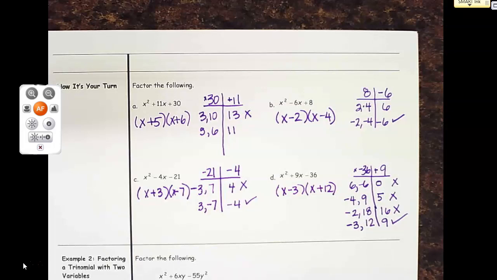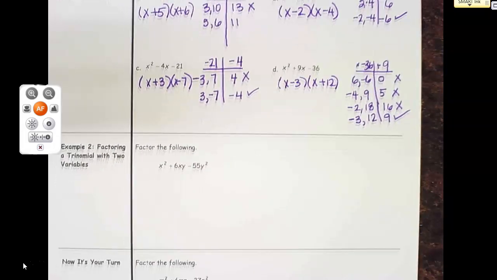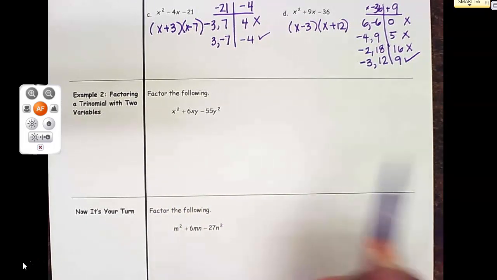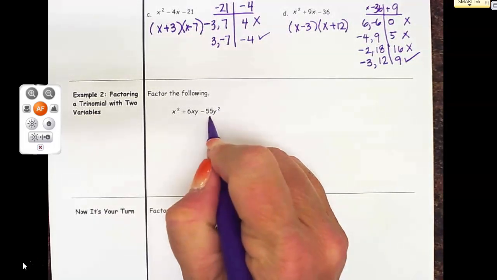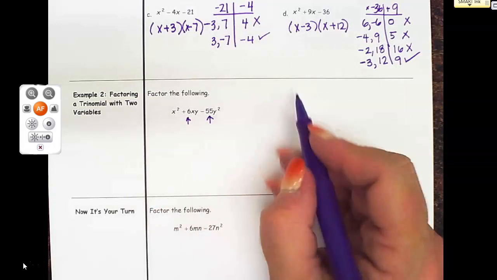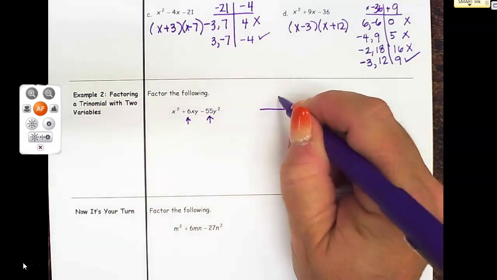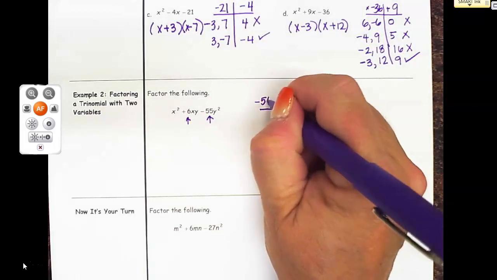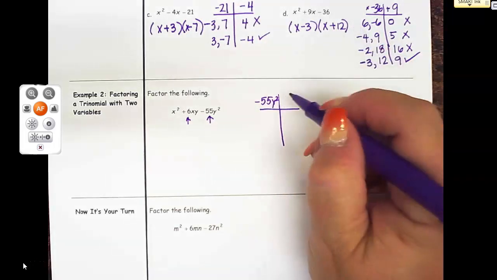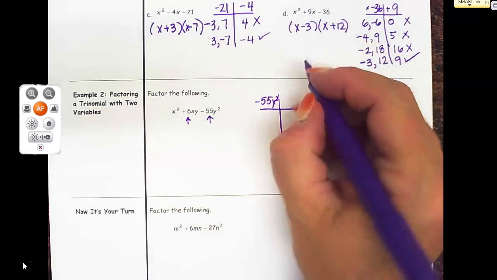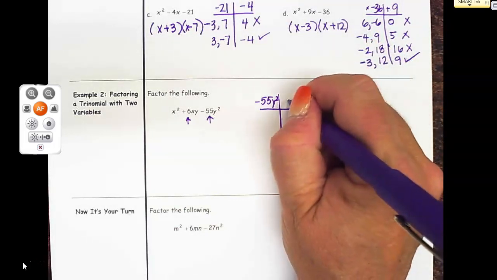So last but not least, let's see what happens when we want to try and factor a trinomial with two variables. And what you're going to find out is that if we follow the same pattern and we find two numbers that multiply to equal negative 55 y squared, they're going to add up to equal 6xy.